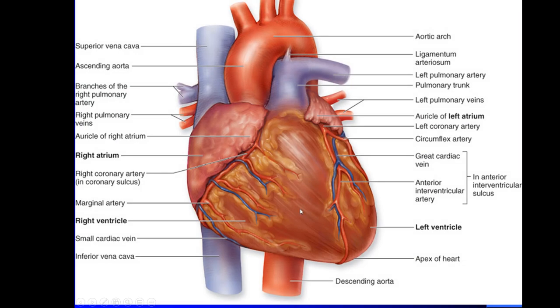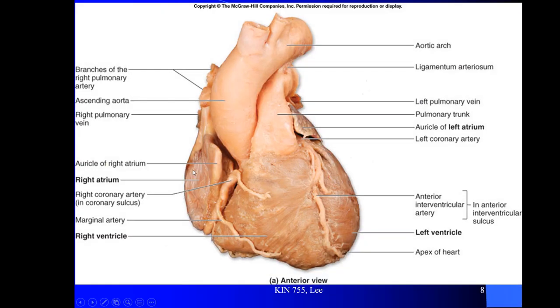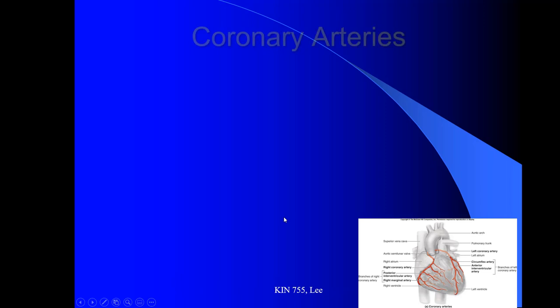So, external view of the heart. You can see that you get a lot of vessels out here. We'll touch on those in a few minutes. These are coronary arteries and coronary veins. And here's a more realistic picture. So coronary arteries, this is how the cardiac muscle receives its oxygen and its nutrients.